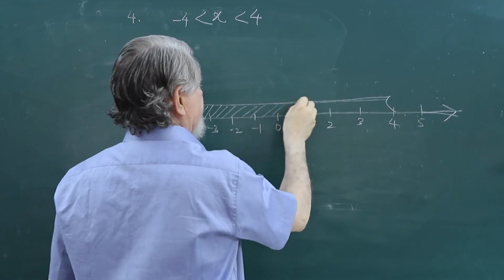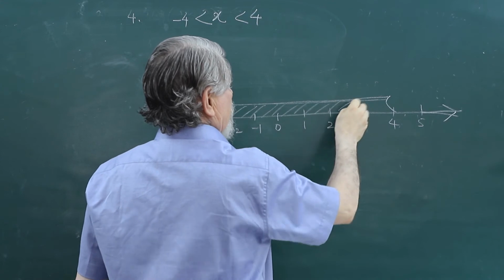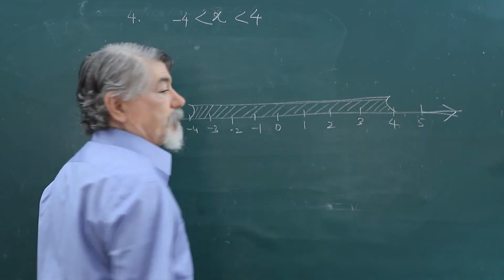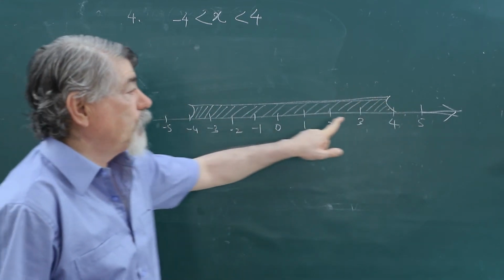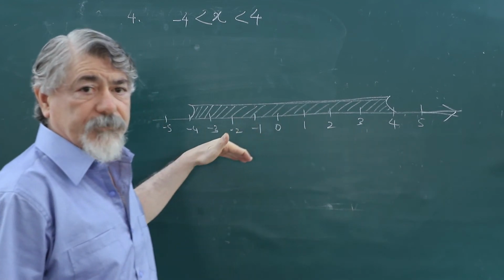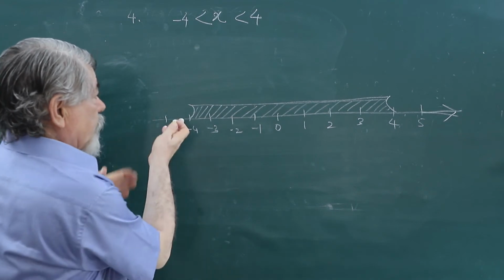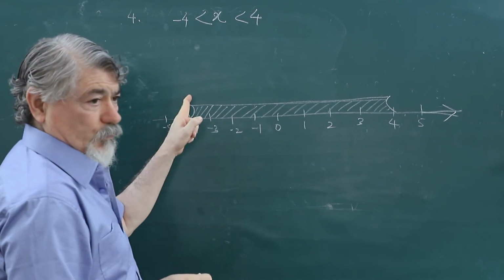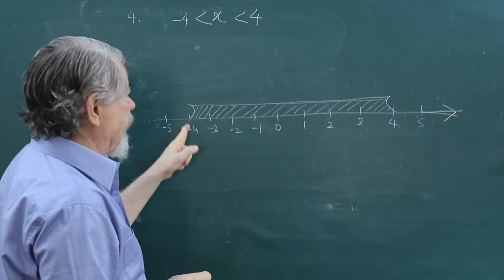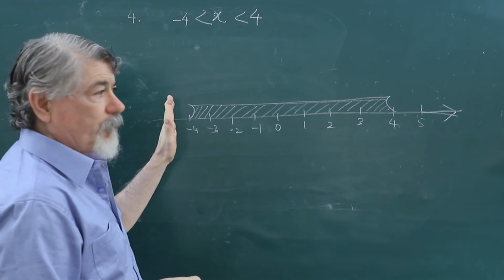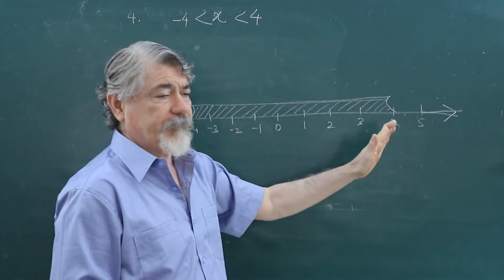All the numbers between this, every number possible between minus 4 and plus 4, will be part of this inequality. It says x is greater than minus 4, so it is not equal to. If it was equal to, I would have drawn a straight line on top of 4 or minus 4, whichever was there.